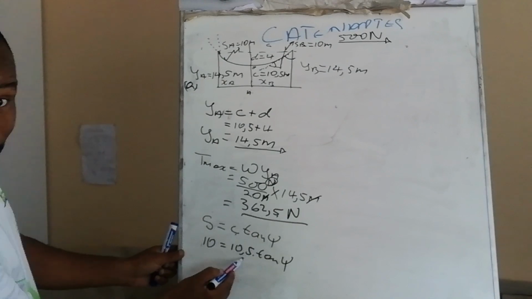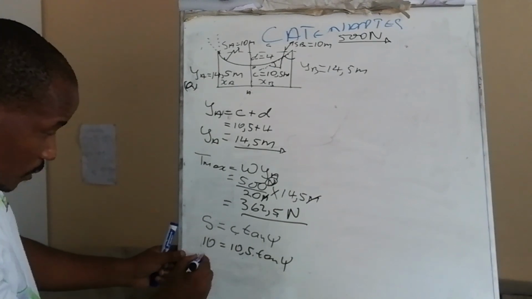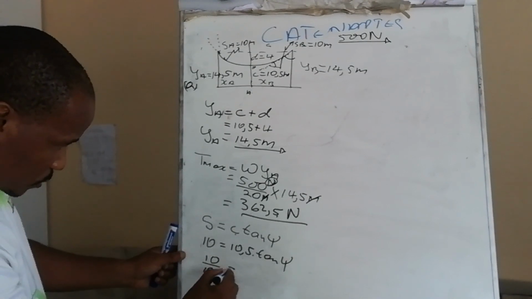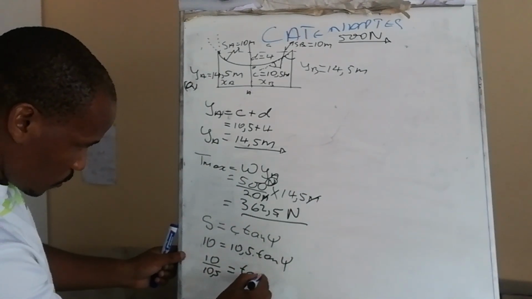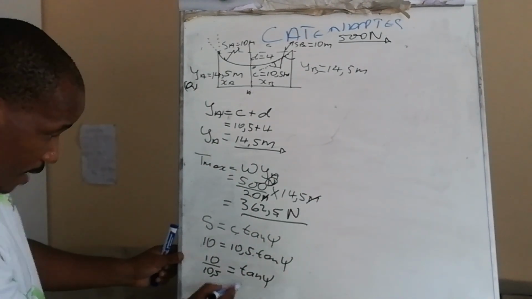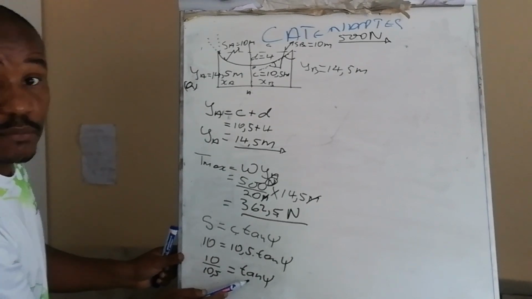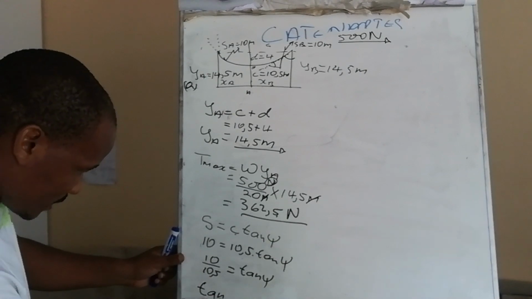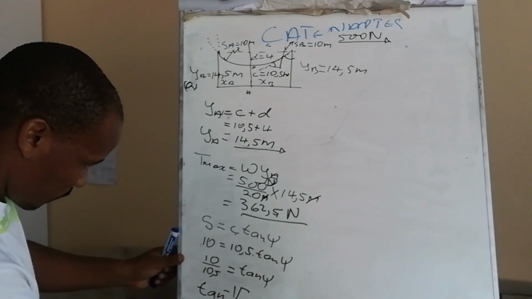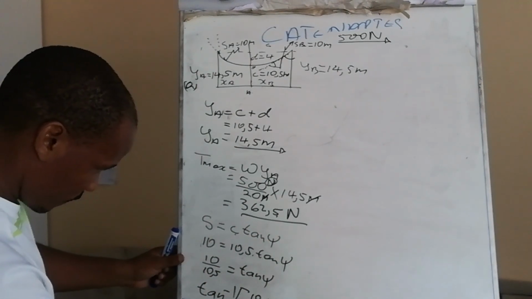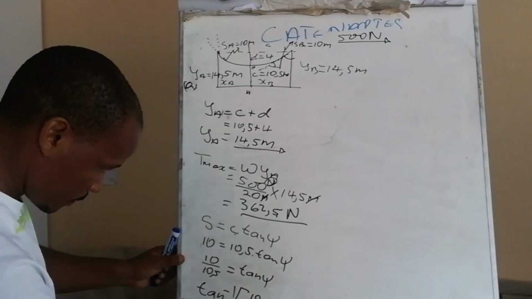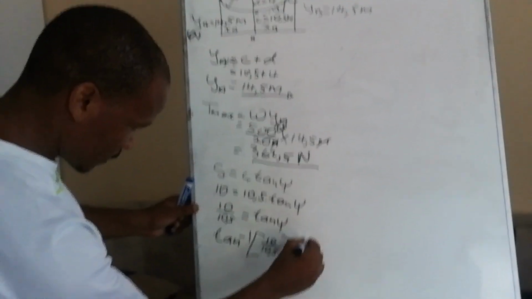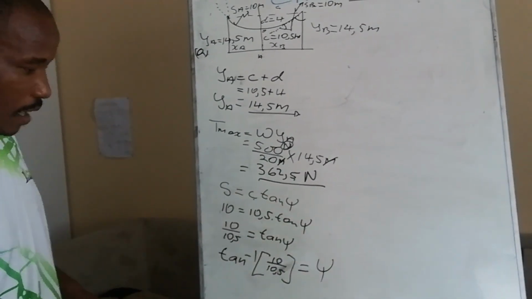So you divide by 10.5. 10 divided by 10.5 is equal to this. Now, let's divide by tan. If you divide by tan, it becomes the arctan of 10 divided by 10.5, which is equal to tau.